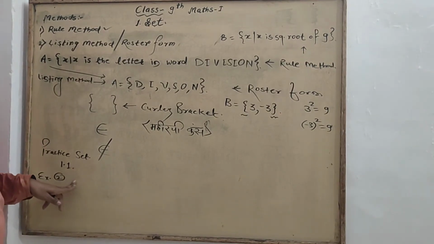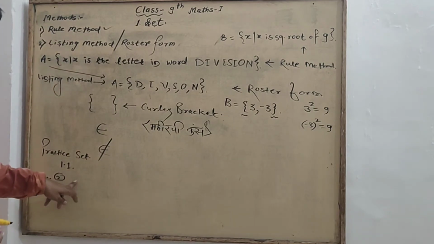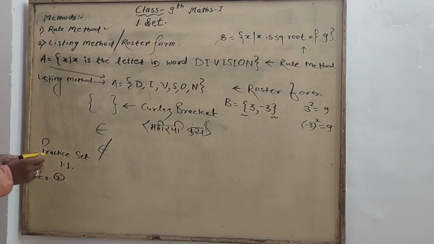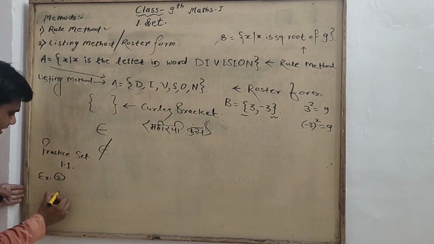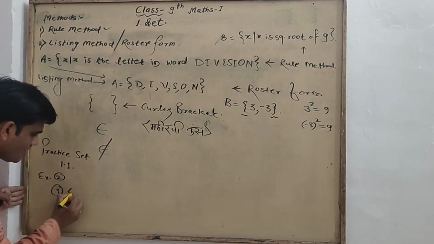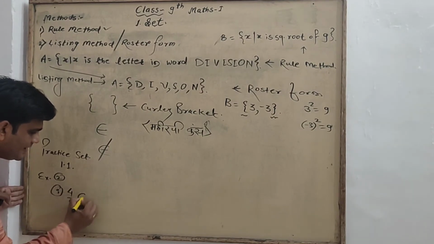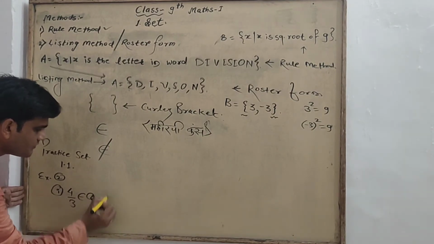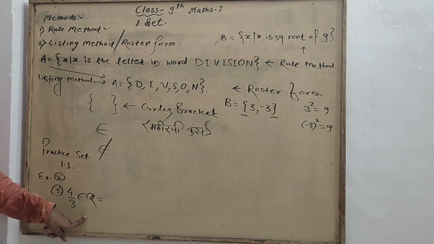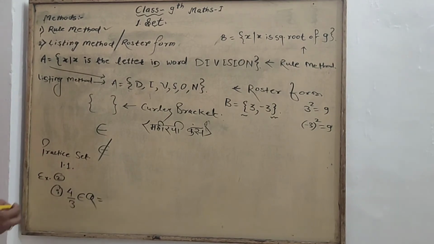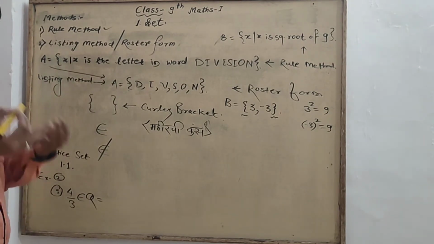According to example number 2, we have to write some notations in word or statement form. You are given that 4/3 belongs to Q. We have to write this in the form of a statement.